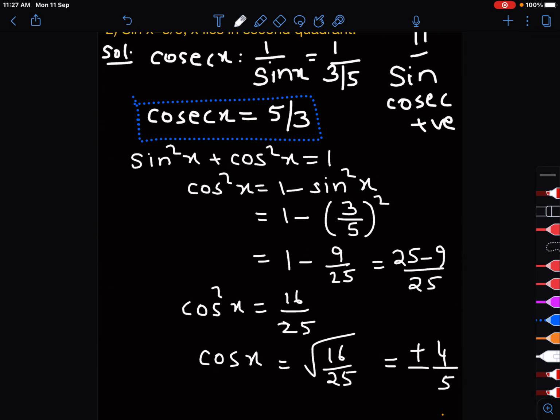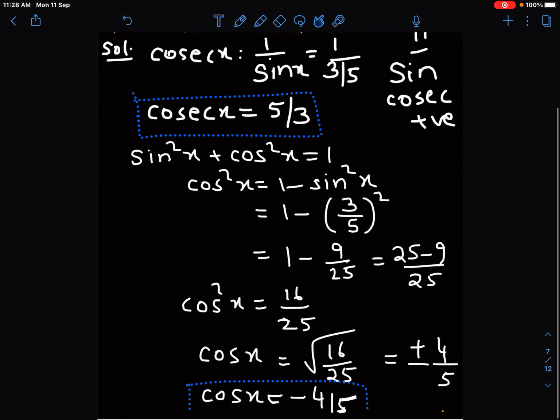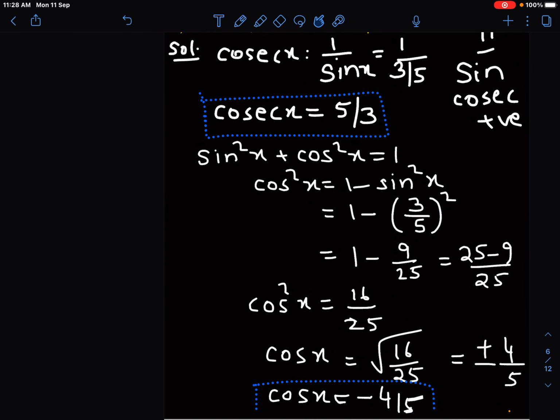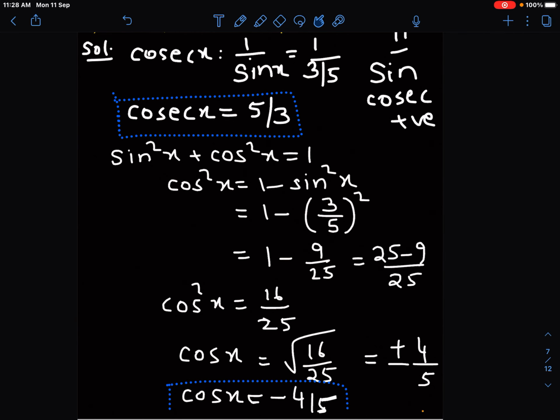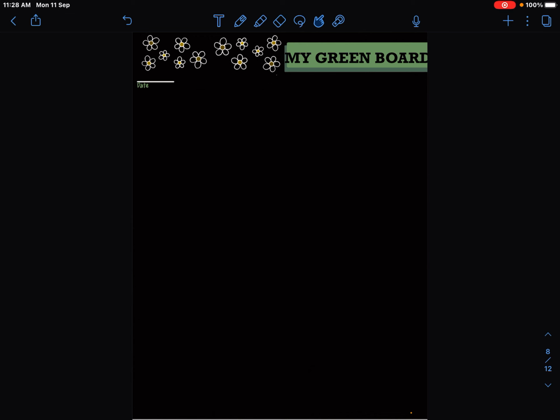So you'll be getting cos x as negative 4 by 5. Understood? Okay, children? So in the second quadrant, other than sin x and cosec x, the rest are negative.